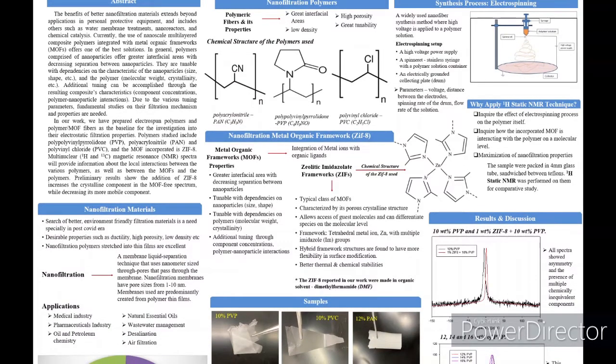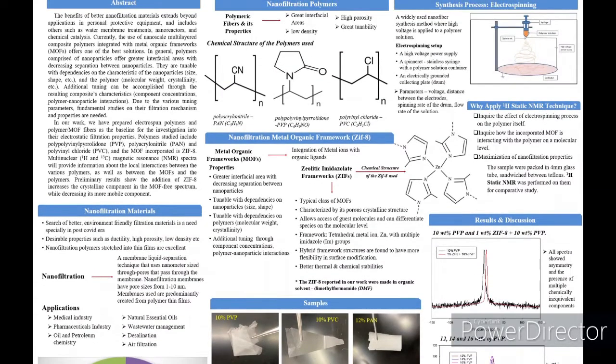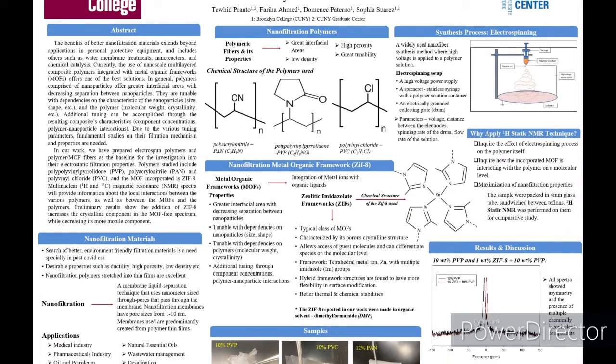In contrast to the pure polymers, ZIF gives porous crystalline structures, which allow gas molecules to pass through and can differentiate species on a molecular level. That's the reason why we have done a comparative study between pure polymers and ZIF-8, the metal organic framework.